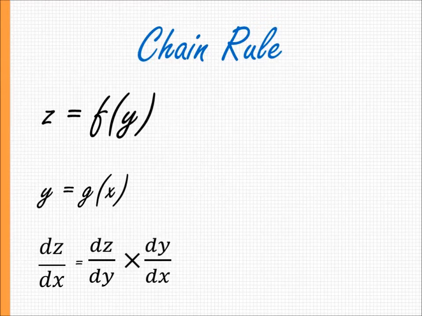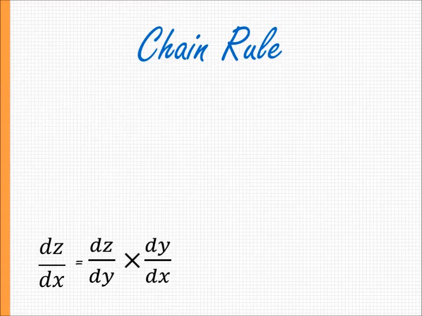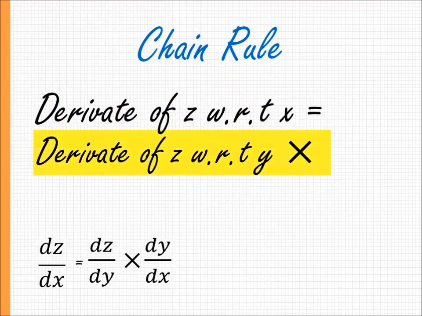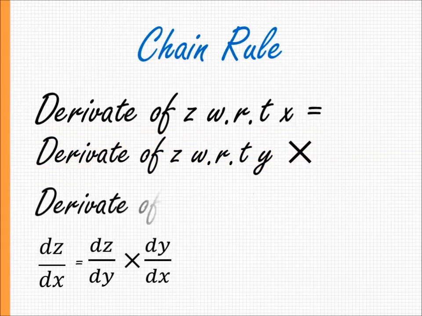Or in other words, the derivative of z with respect to x is equal to the derivative of z with respect to y into the derivative of y with respect to x.